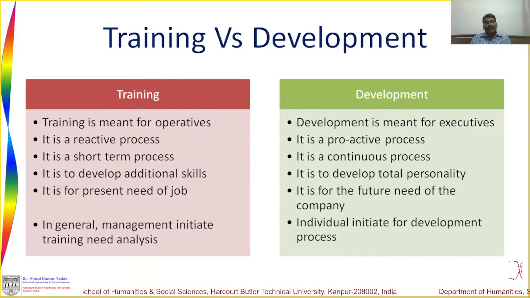That means white collar jobs for supervisors, managers, assistant managers, senior managers, deputy managers, general managers. This is a very clear-cut differentiation, because in any company you will have some employees and some managers. So two categories are there, and training is usually for employees and management development is for management professionals.